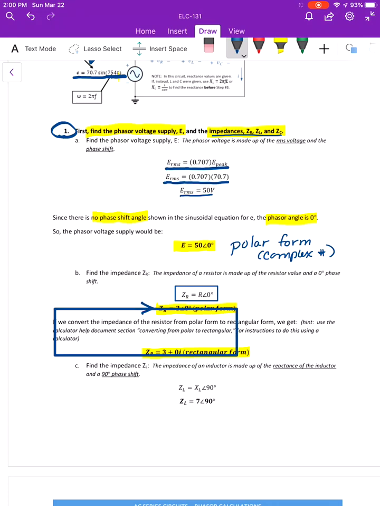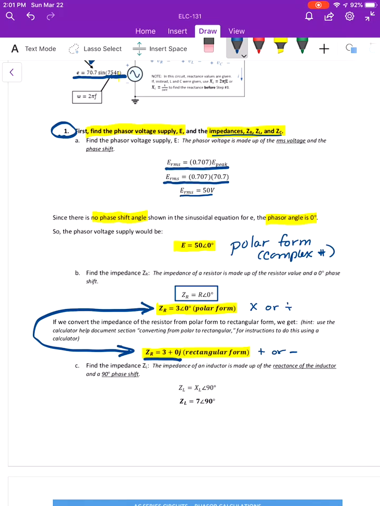Remember that it's easier for us to add and subtract in rectangular form, and it's easier to multiply or divide in polar form. So that's why you might use one versus the other. And when we're trying to find series impedance, we're going to add those. So sometimes I'll just write them in rectangular form to start with.